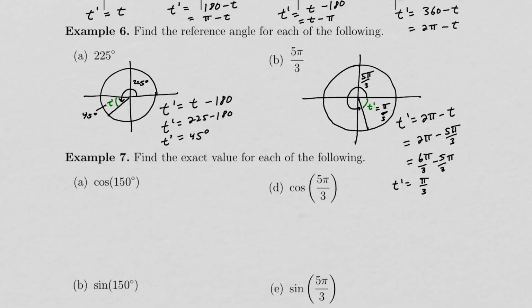Okay, why do we need to know this? Why do we need to know about reference angles? Because it turns out that the sine and cosine of the actual angle is the same as the sine and cosine of the reference angle, except you have to check whether it's positive or negative because it depends on what quadrant it's in.